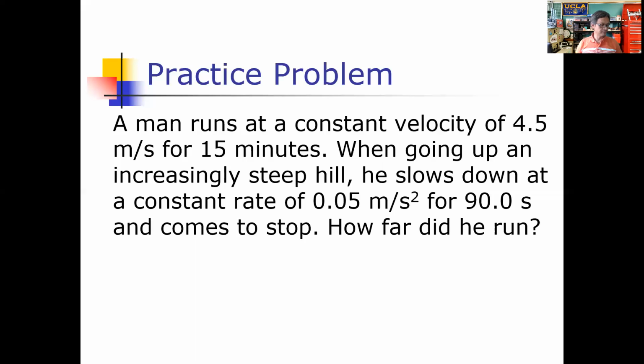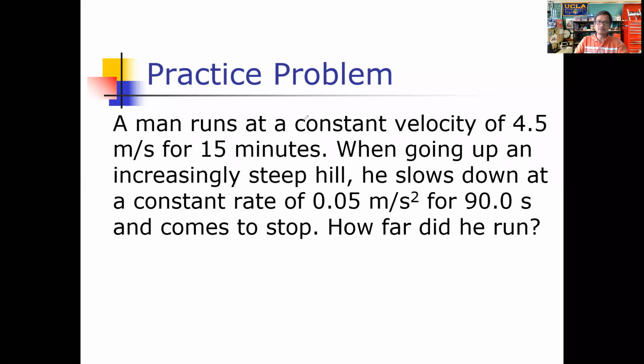And so I left off with this particular problem here. Let's take a look at this problem. The object here is a man. This man runs initially at a constant velocity. So constant velocity, make sure you understand the clues that are given to you here, folks. If you understand these clues, you can do this.